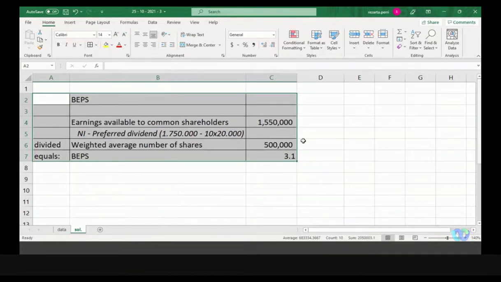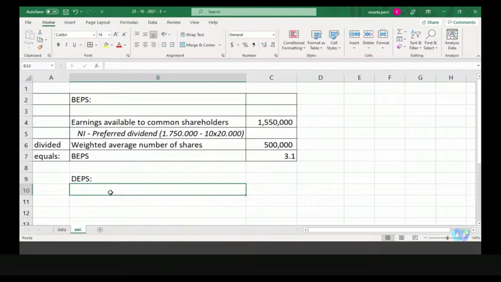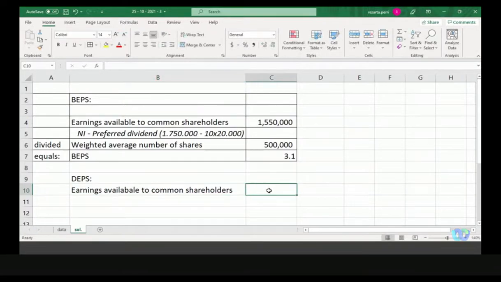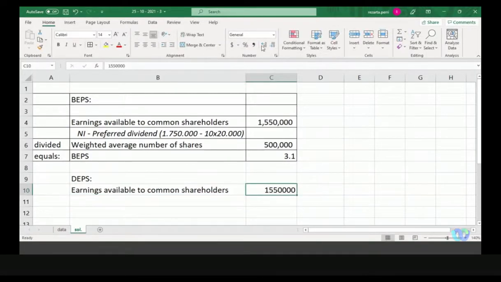Let's say, okay, what about the diluted earnings per share? How can we calculate the diluted earnings per share? First, we start with earnings available to common shareholders. We previously calculated that this amount, the earnings that are available to common shareholders, to be 1,550,000.